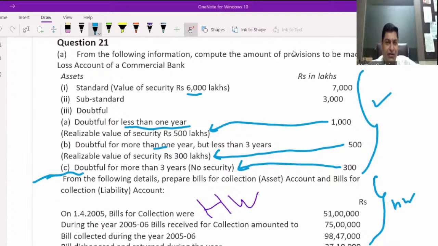Okay, so now we cannot wait. So guys, this substandard we should assume as naturally secured. From the doubtful 1 year, 1000 total, 500 is secured and other 500 is unsecured.